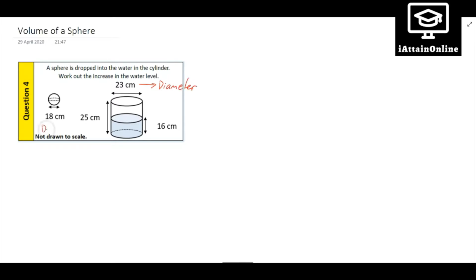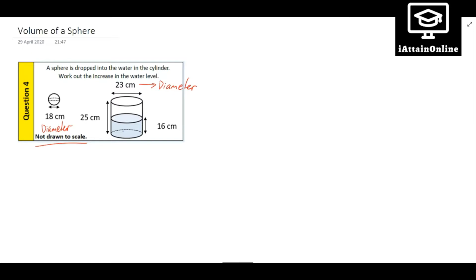We're also given a little sphere. This is not to scale, so even though the measurements don't look as though they're right, that's what that means if you ever see that in an exam. So we're given the diameter of the sphere and the diameter of the cylinder.